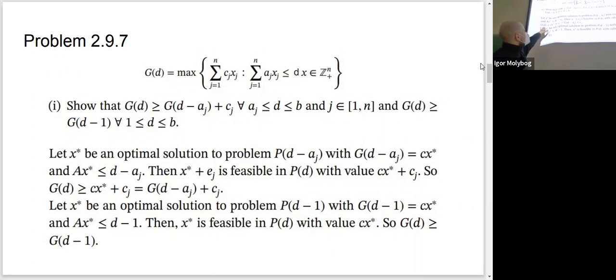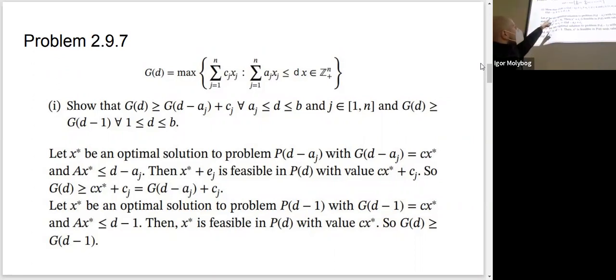Therefore, g of d is greater than or equal to c x star plus c_j, which, since c x star is in fact g of d minus a_j, gives that g of d is greater than or equal to g of d minus a_j plus c_j. So we have proven the first inequality. Any questions regarding the first inequality? Sounds good.